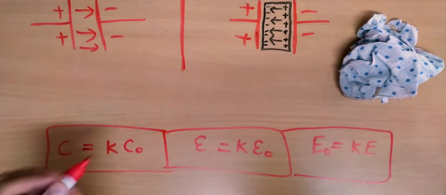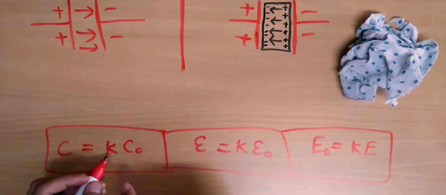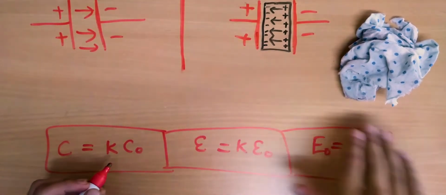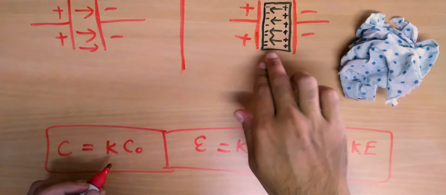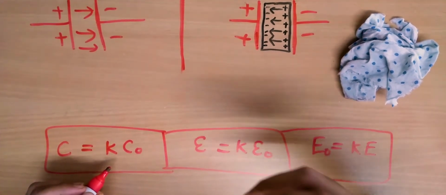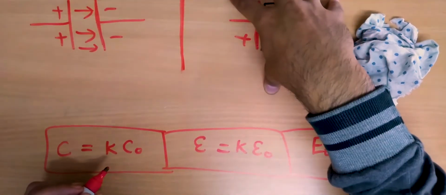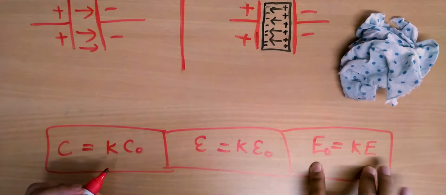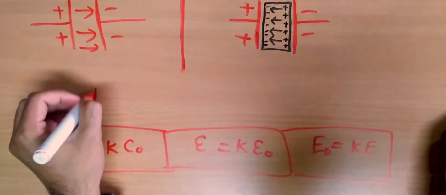And just to complete it all, K tells us the factor by which the electric field is decreasing by adding the dielectric. So it is telling you the factor by which the dielectric affects the capacitance, the permittivity, or the electric field. So this K is called the dielectric constant.